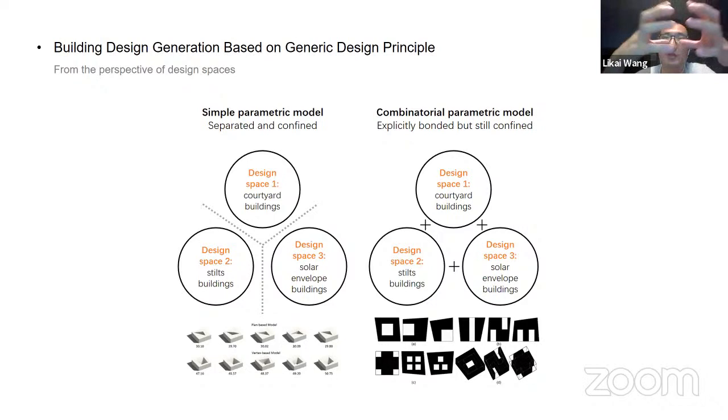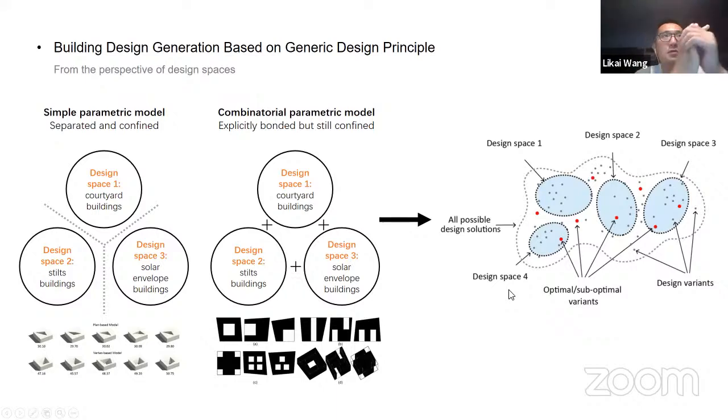However, in this type of design, each of these small design spaces is just combined with the others but has no overlapping relationship between them, because you cannot generate a design that simultaneously has the courtyard and the solar envelope, or the courtyard with the steel.